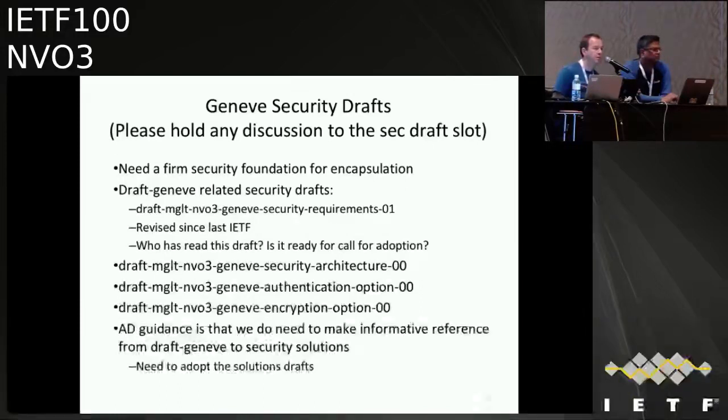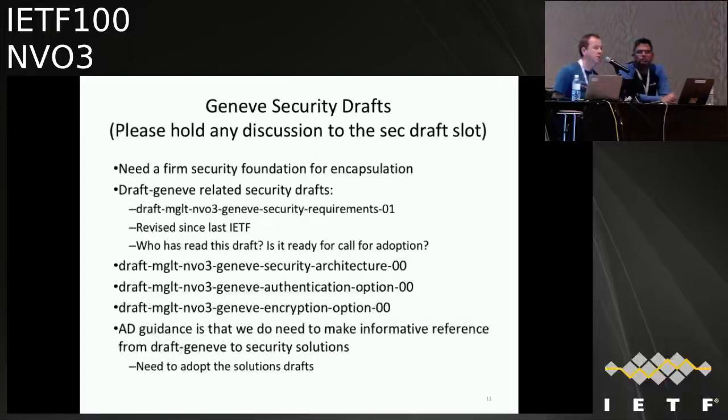The current guidance we're getting from our AD is that we really need to make some informative references from the Genève draft to security solutions. To me, this does not hold up the progress of Genève, because these are informative references.